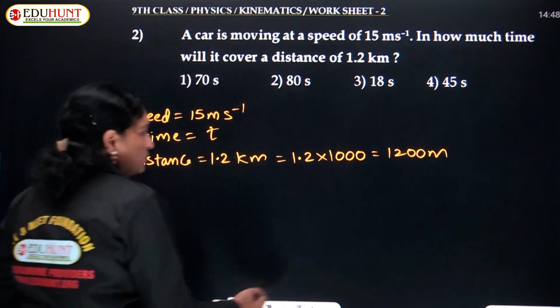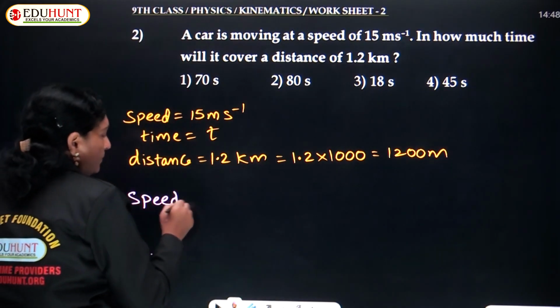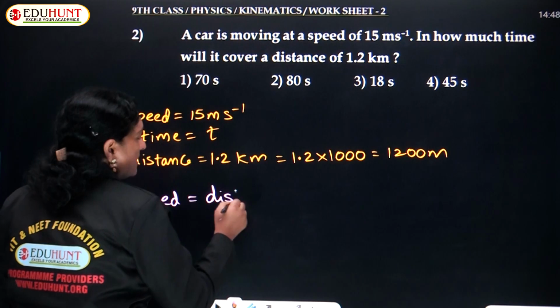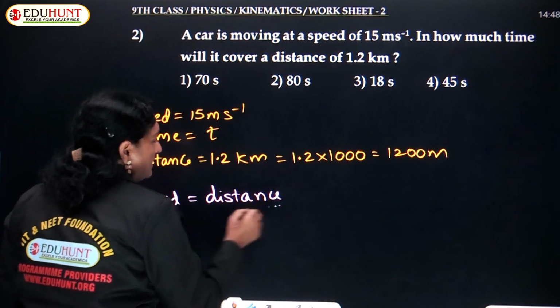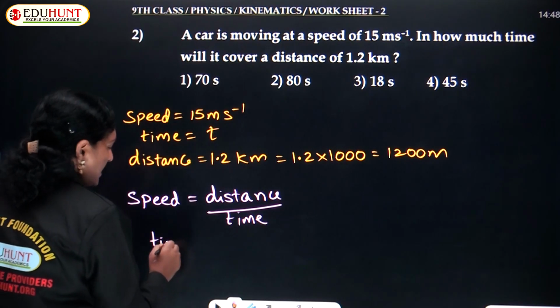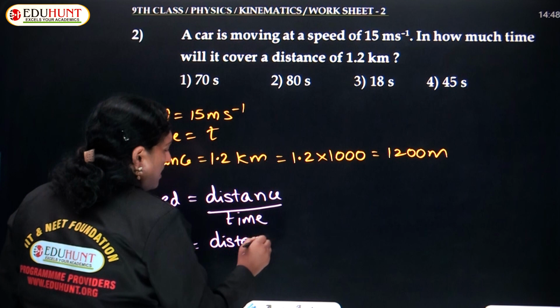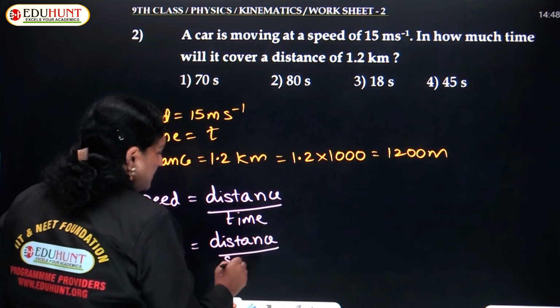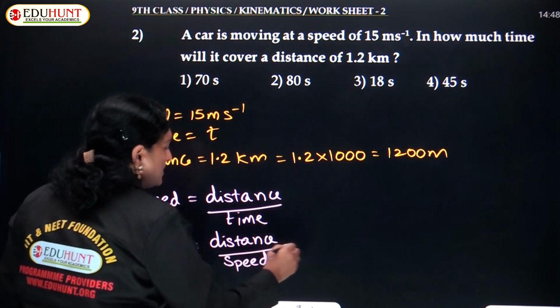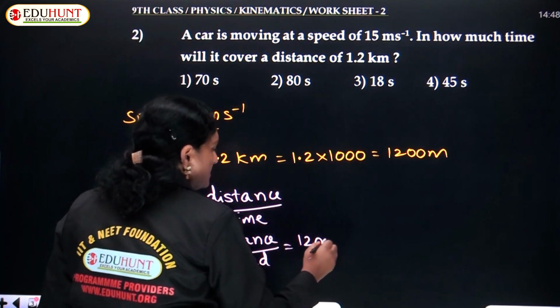As we know the formula, speed equals distance upon time. Time can be calculated as distance upon speed. So how much is the distance? The distance is given as 1200 meters.